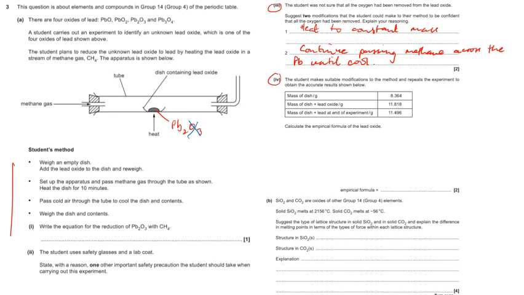Okay, so moving on to part 4, we've got to work out the empirical formula, as we thought. So we're going to look at the data table and see that if we compare this one and this one, that's going to give us the mass of lead, and if we compare these two, let's say that one and that one, that's going to give us the mass of oxygen.